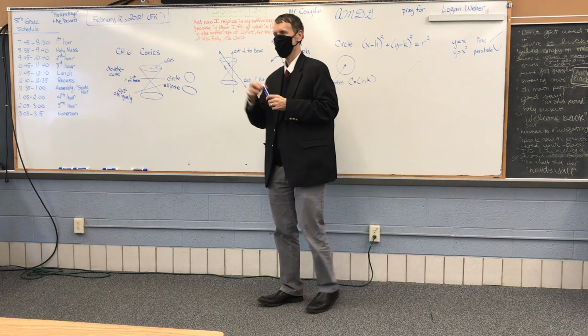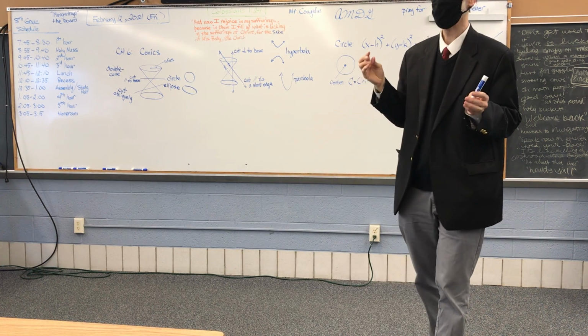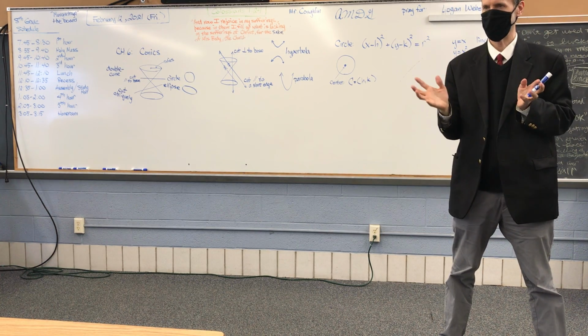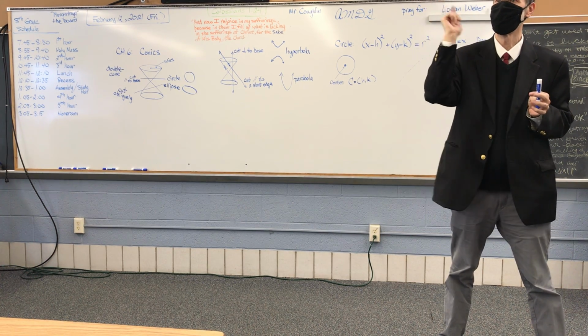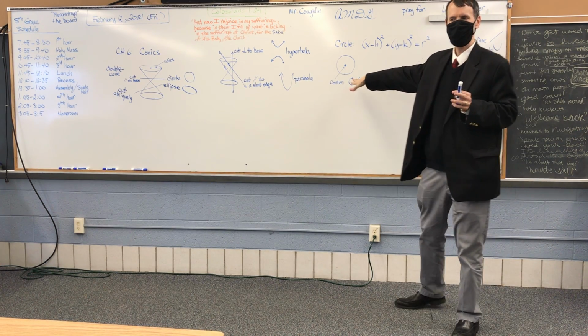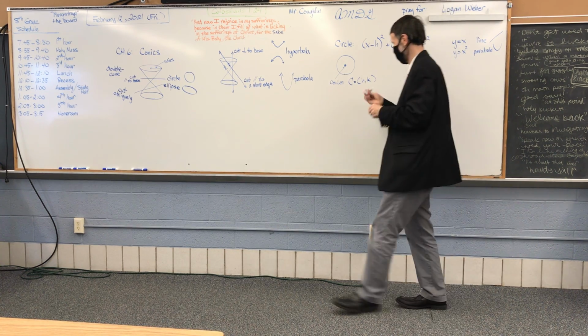There are two things you need in order to define a circle in geometry. What two things do you need in order to be able to draw a circle properly? A radius and a center. You need to know where the circle is and then how big it is.